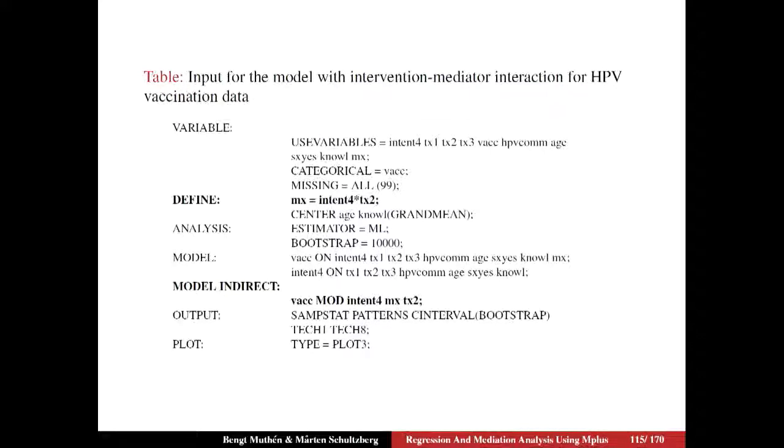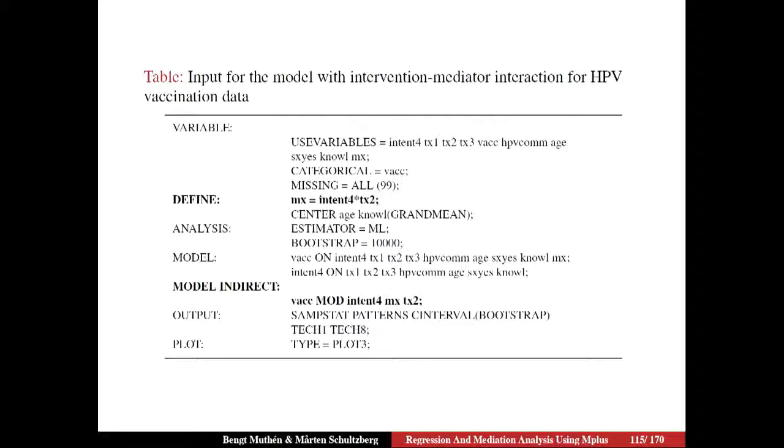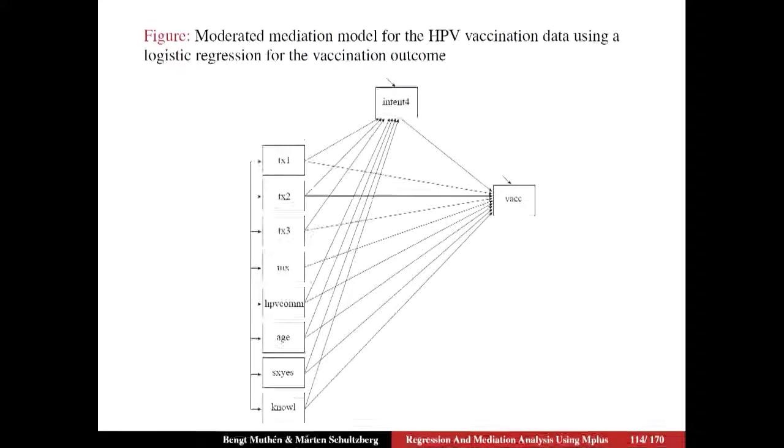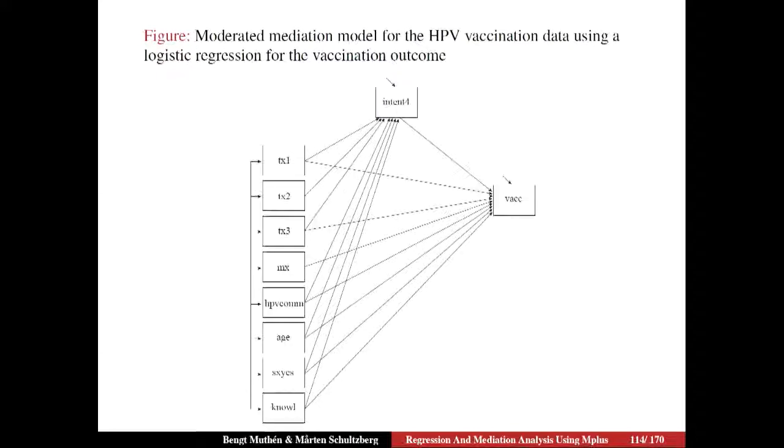If you go to the path diagram, there are 3 TX variables. So we focus on this being 1, and if that's 1, these are 0. So you evaluate effects so they become like C variables, where the effect is defined at them being 0, which is what you want, right? So that one being 1, multiplied by this intent 4, is the MX.